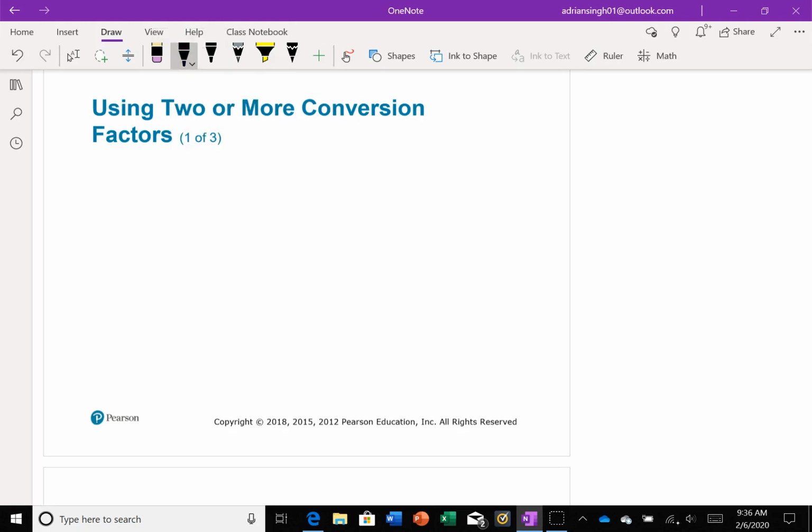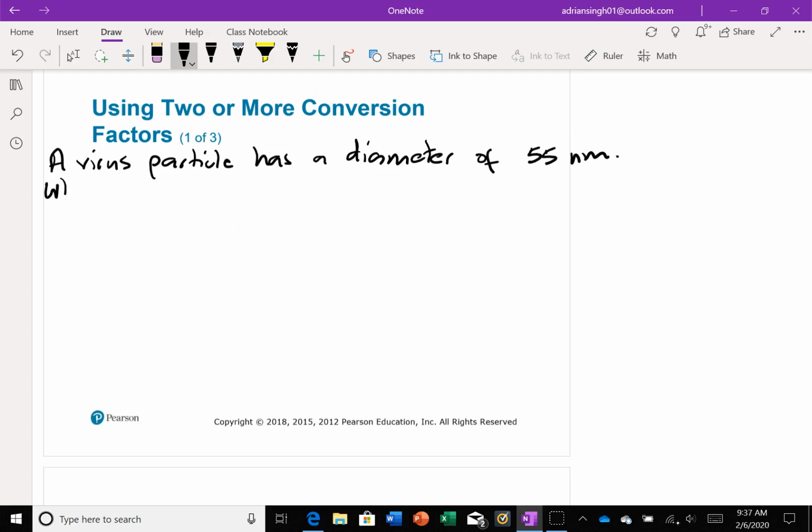So let's say now that a virus particle has a diameter of 55 nanometers. And we're asked, what is this in kilometers?